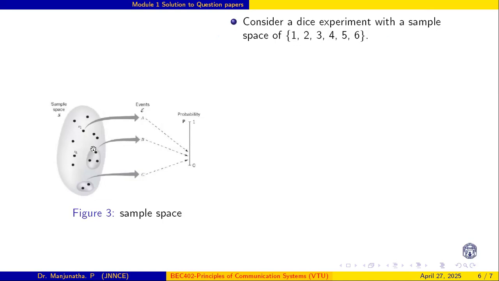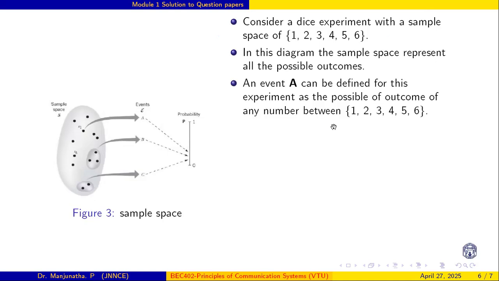Within this sample space, events are defined. For example, an event A can be defined for this experiment as the possible outcome of any number between 1 to 6. In that way, I can define an event A. Then what is the probability of that event?